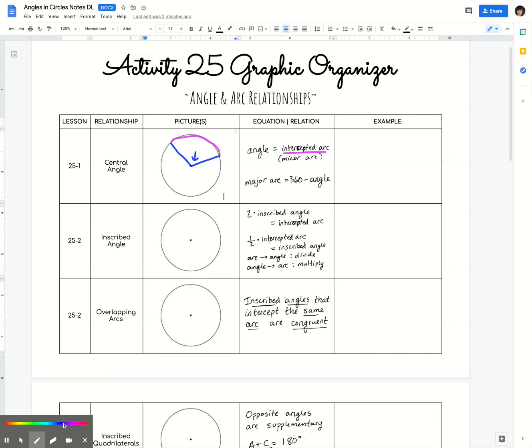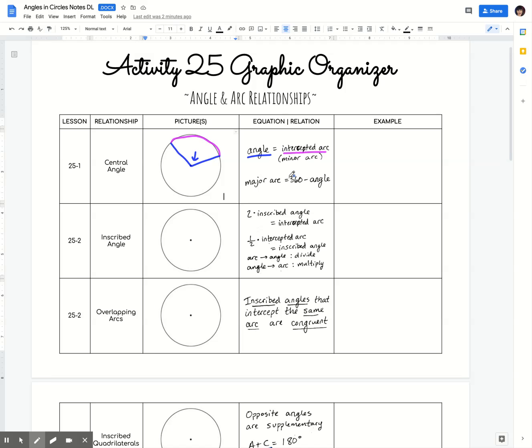Think of it almost like a slice of pizza. The blue lines, the radii, are like the edges of your slice of pizza, the central angle is like the tip of your slice, and the intercepted arc is like the crust of your pizza.